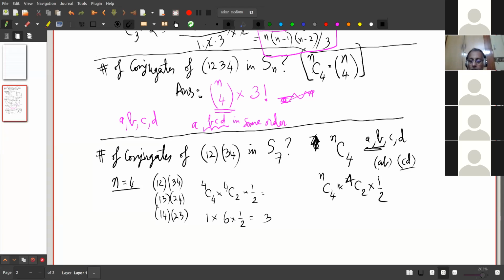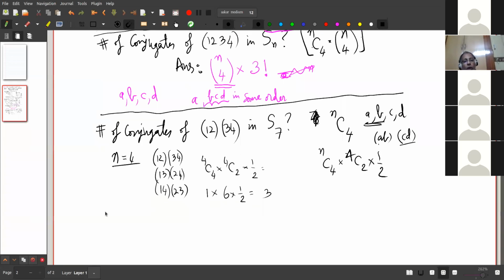Okay. How about n equal to 5? Let's try for n equal to 5. If I try this, what do I get? So 1, 2, 3, 4, 1, 2, 3, 5, 1, 2, 4, 5. Right? And so on.